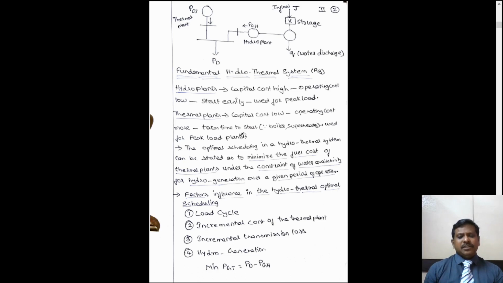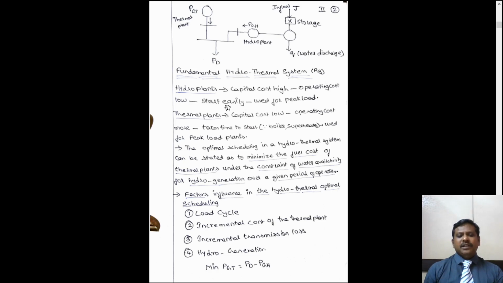Again, the steam has to be converted into dry steam. The dry steam has to pass to the turbine, right? So there is some procedure. So it takes some time to generate the power from the thermal power plant. That is the main problem, that we cannot use it for peak loads here.